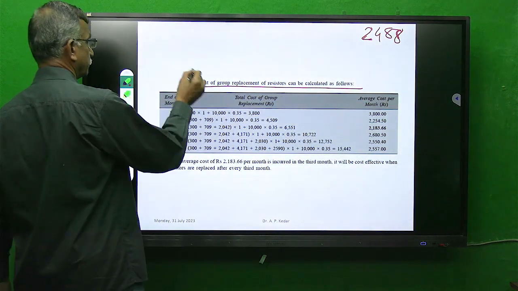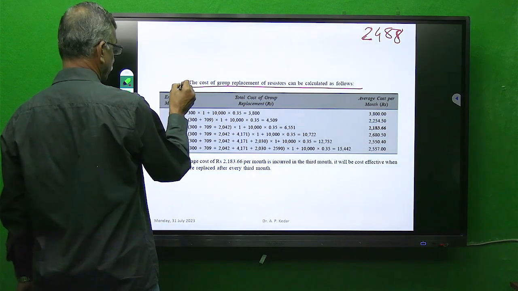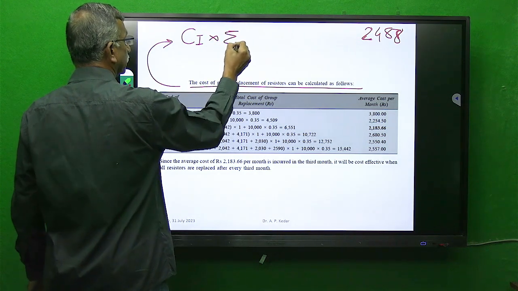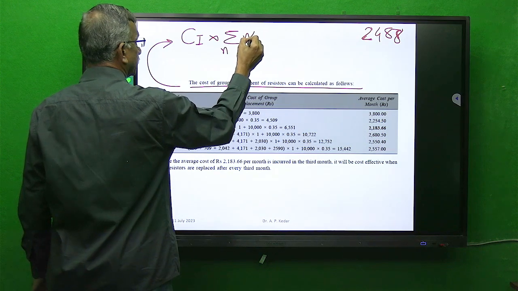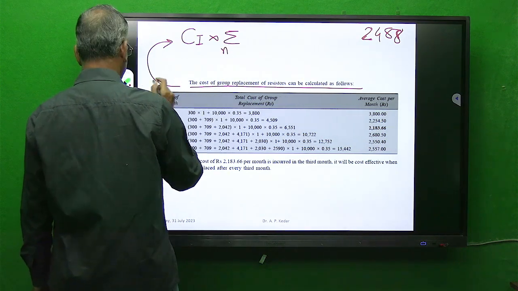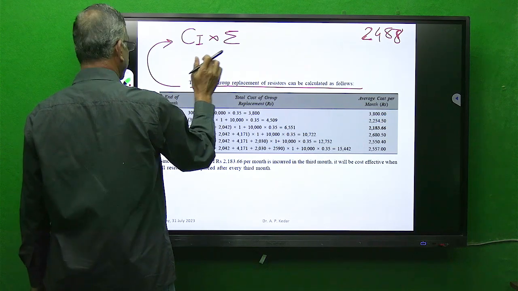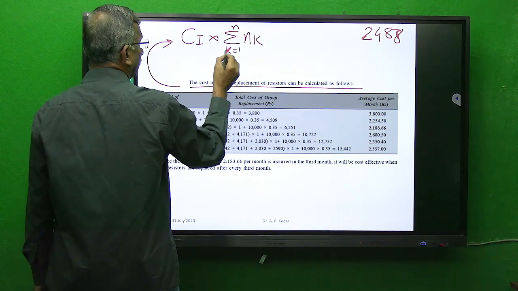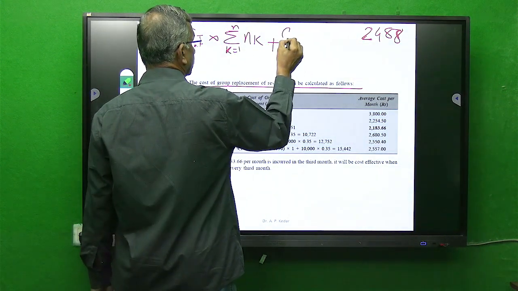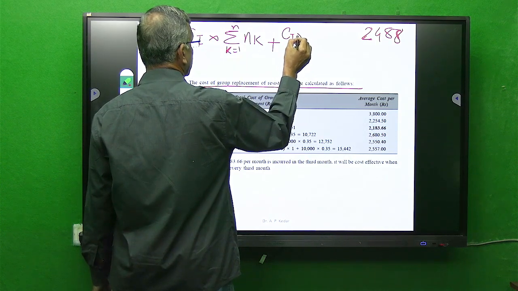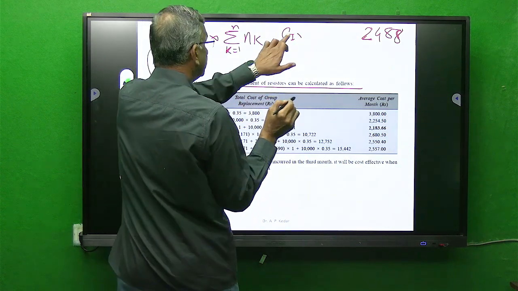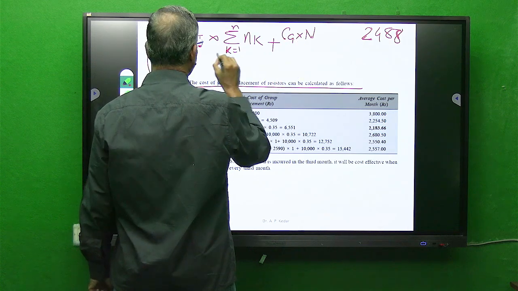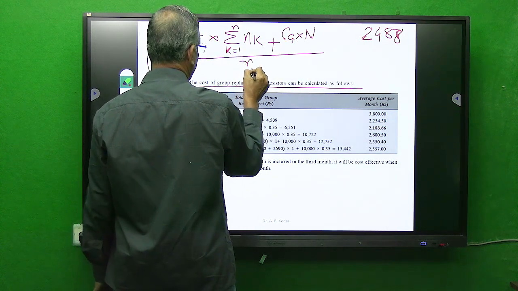What logic have we said? The average cost of group replacement will be equal to CI into the summation of nk, k ranging from 1 to n, plus CG into capital N, the whole upon n.